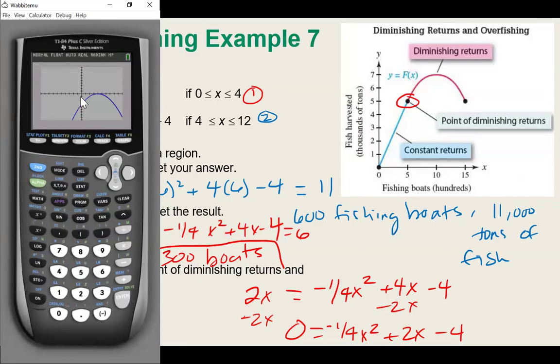And I'm going to find my 0. So to find my 0, I'm pressing second trace, and you see zero. I'm going to go to the left of where I think it is and press enter. Then I'm going to go to the right and press enter, and it says my diminishing value is at 3.99999, which is basically 4.